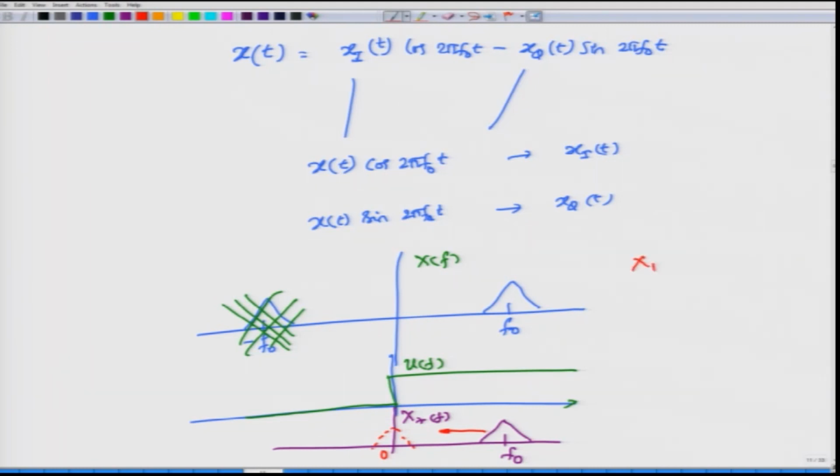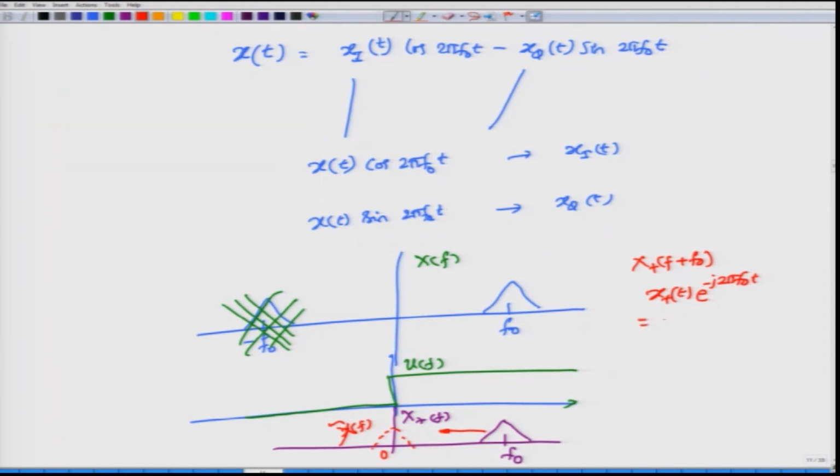So, if you take this x plus of f plus f0, what you would have done is push this spectrum, which is originally centered at f0, onto center at 0, and of course, x plus of f plus f0 in the time domain would look like x plus of t e to the power minus j 2 pi f0 t, and once you have done this, you have obtained the complex envelope x tilde of f.